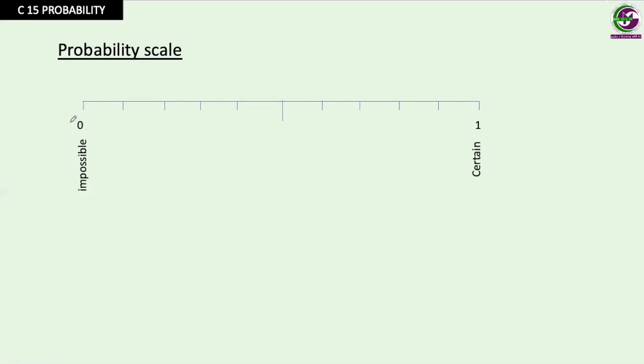So the probability that tomorrow is Monday, today being Friday, is 0. At the same time, tomorrow being Saturday, if today is Friday, is certain. So the probability is 1. And also we have values in between with less chance, with equal chance, with more chance, and so on.